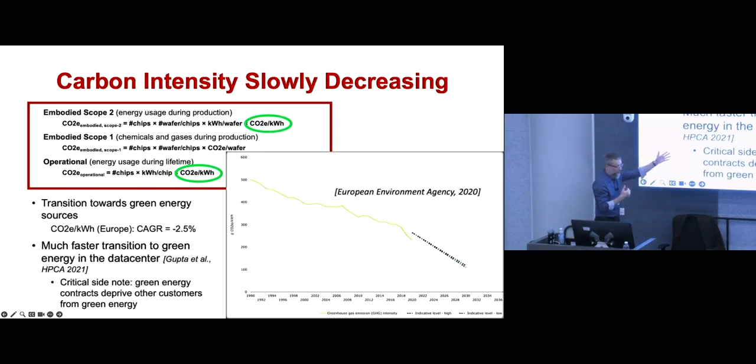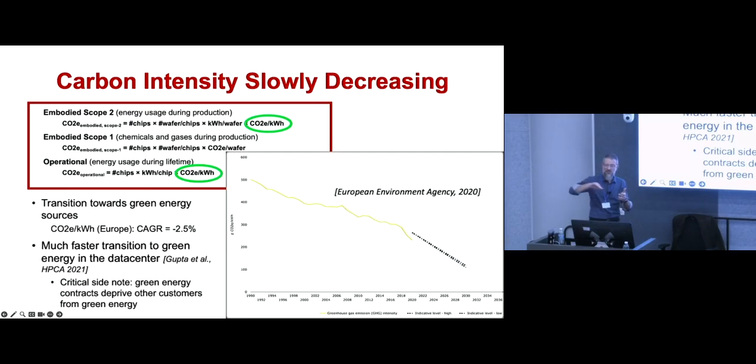And when you look at data center deployments, Gupta et al. in HPCA 2021 had a very comprehensive study, and I'm referring to the operational side, carbon intensity for the operational side. That study shows that for hyperscalers, the total carbon footprint is not increasing as steeply as the electricity increase.